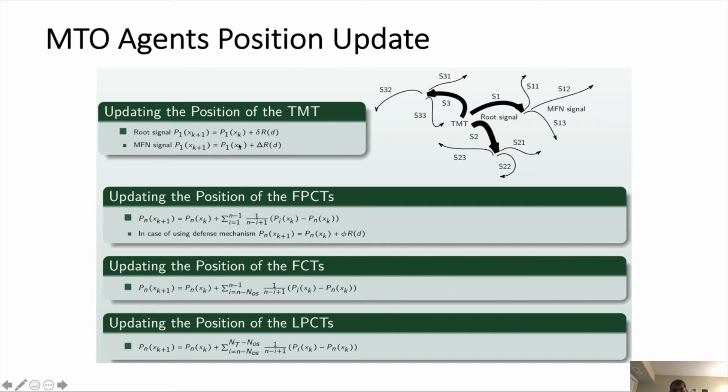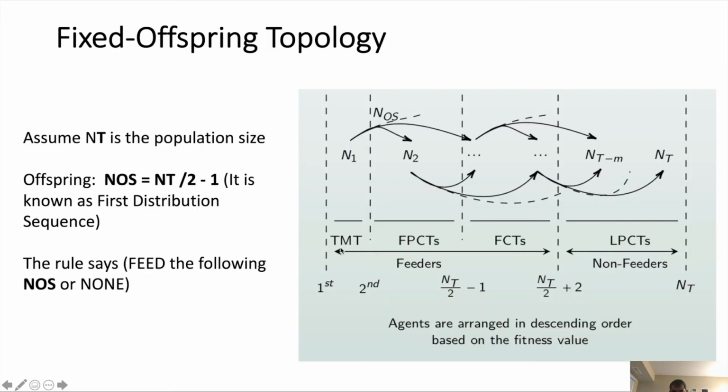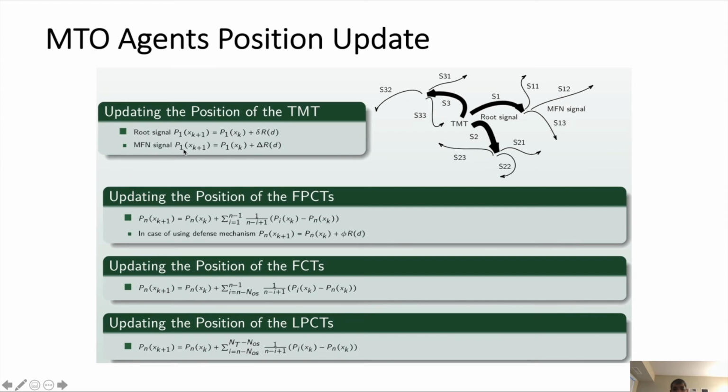The top mother tree in the population, as we just explained, is the agent that has the highest number of nutrition. This one will update its position in a random way in 2 levels.